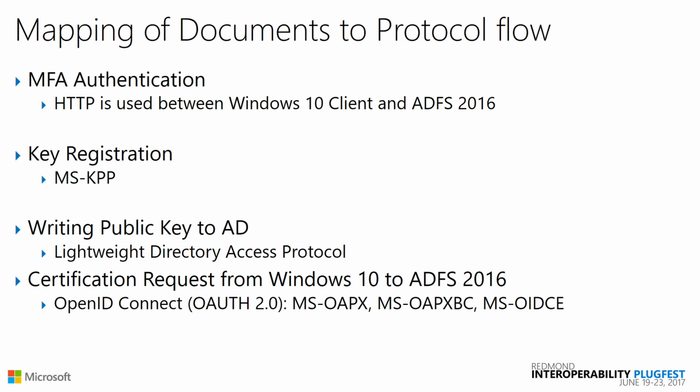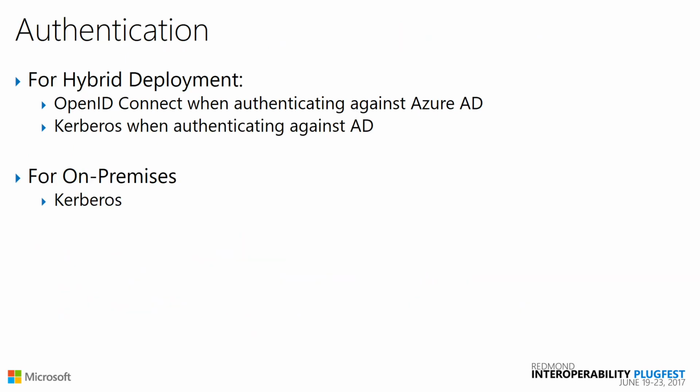But in this case, it is going to ADFS, where the authentication we are using is OpenID Connect, which runs on top of OAuth. So that's why those documents about OAuth and OpenID Connect are modified, actually augmented, I should say.